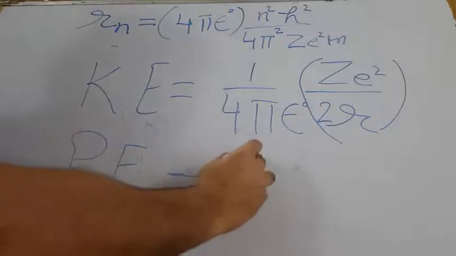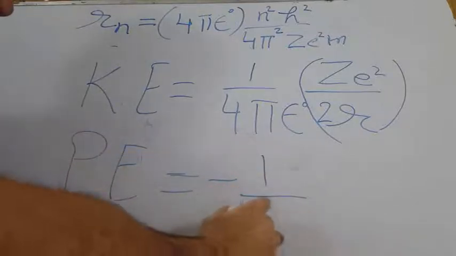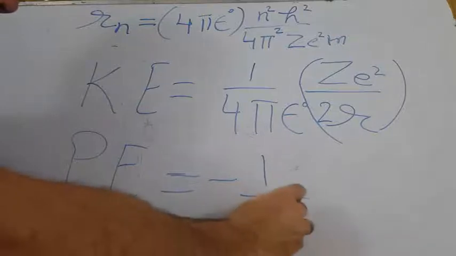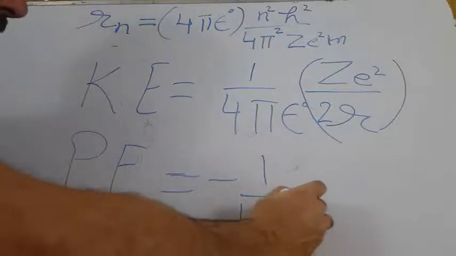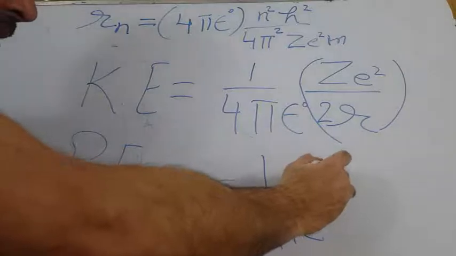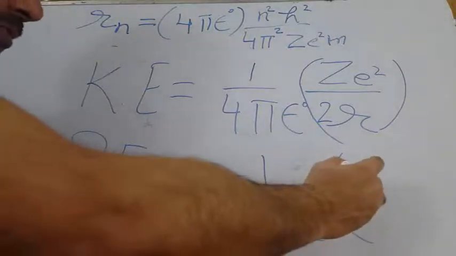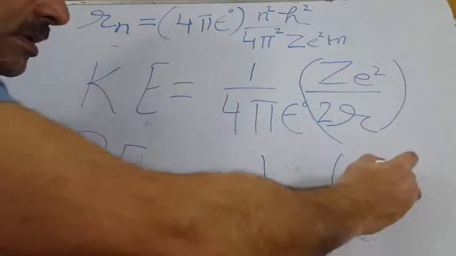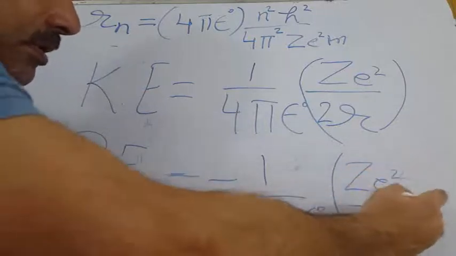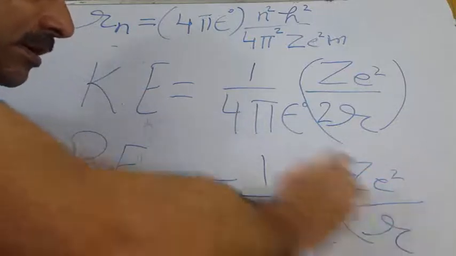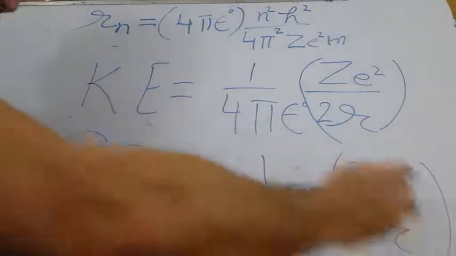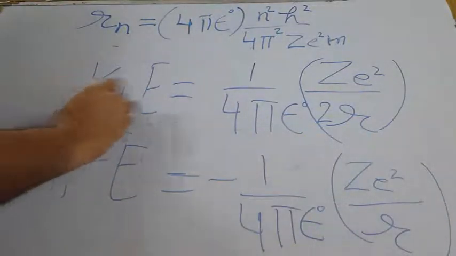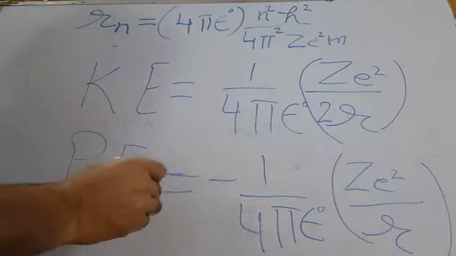Here K is 1 upon 4 pi epsilon 0, and Q1 Q2 means Ze square upon r. This is the potential energy, and this is the kinetic energy of the electron in the nth orbit.